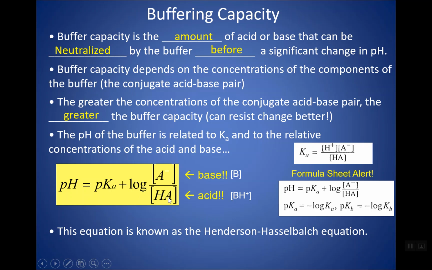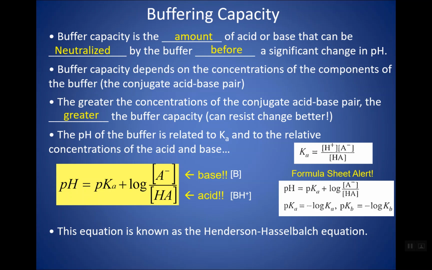And notice they have it written as HA for the acid, A minus is the base, but if you're harnessing a weak base and its conjugate acid, you would just put the base component on top, the acid component on the bottom, and remember those square brackets mean molarity, not moles, it's molarity.